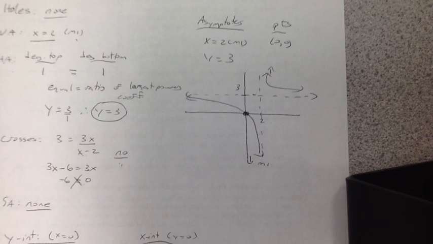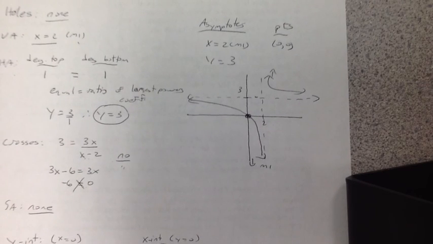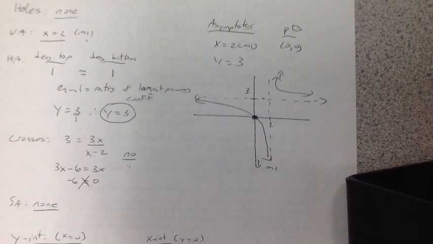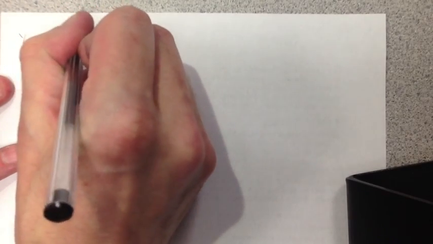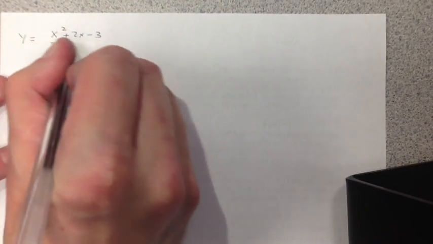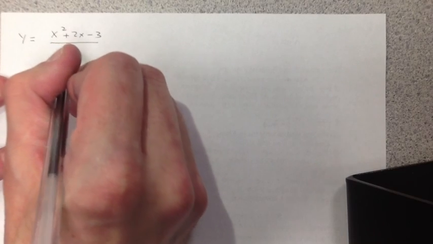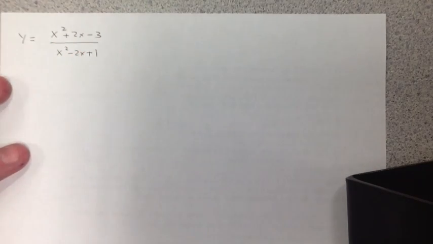Now, number 4, we do have to change, because otherwise we won't be able to do number 4 just yet. So we're going to change number 4 just a little bit here. We're not ready for the way it's written right now, so we're going to rewrite this as y equals x squared plus 2x minus 3 over x squared minus 2x plus 1.